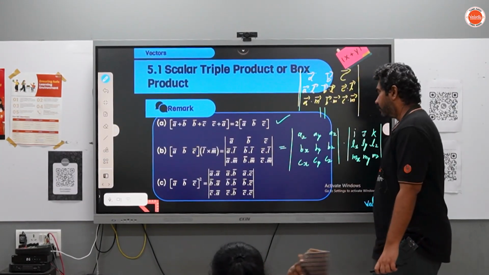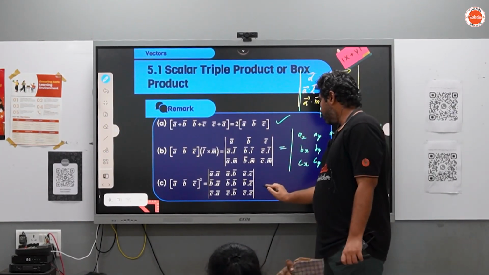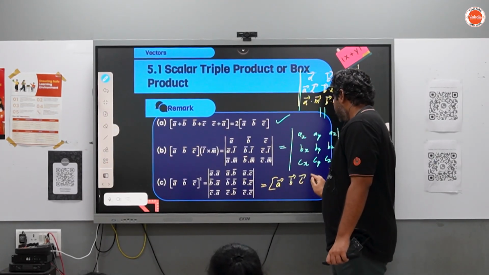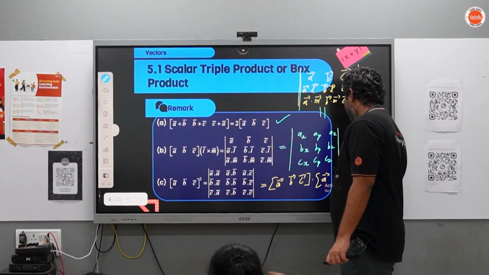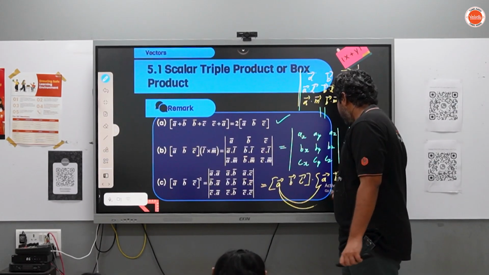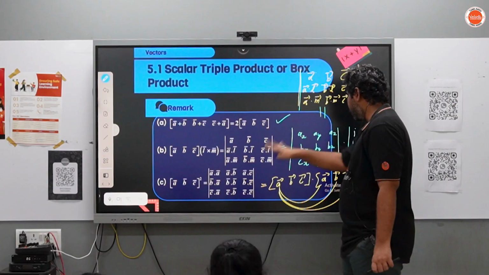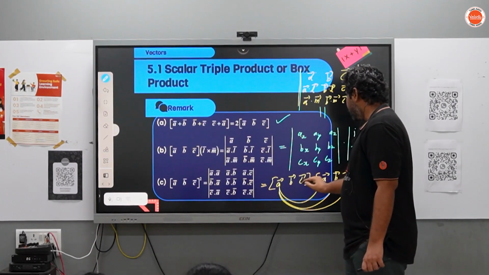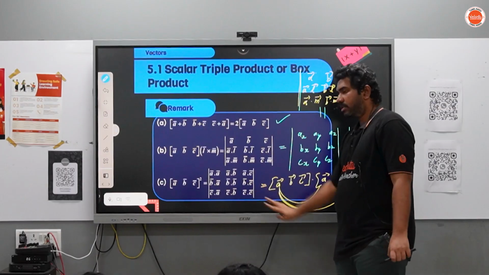Basically you can remember it like this: ABC dot ABC. You can just do the dot products of these. Put A dot A, A dot B, A dot C in the first row, then do the dot products B dot A, B dot B, B dot C, and C dot A, C dot B, C dot C, put them in the third row.